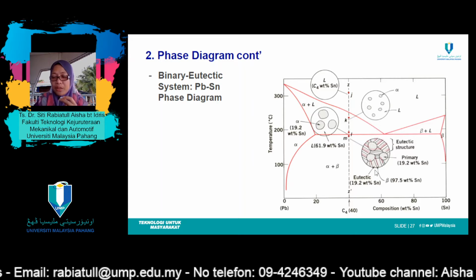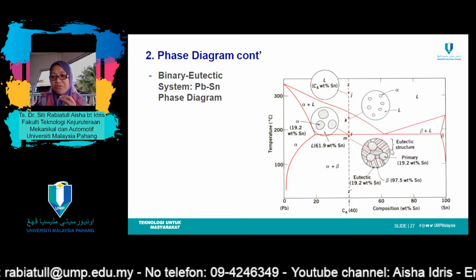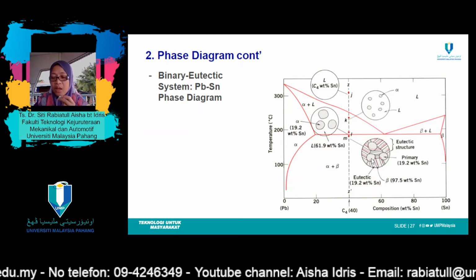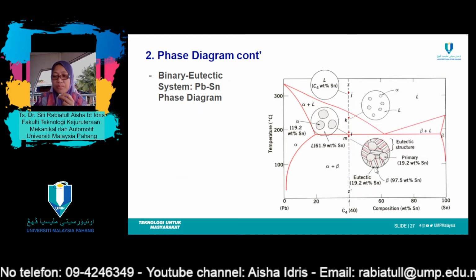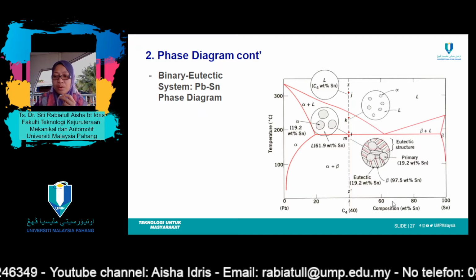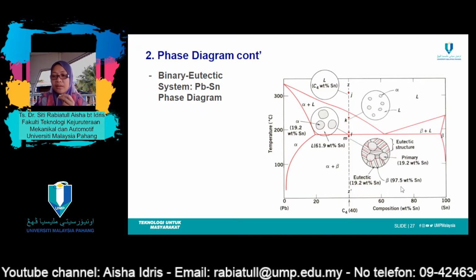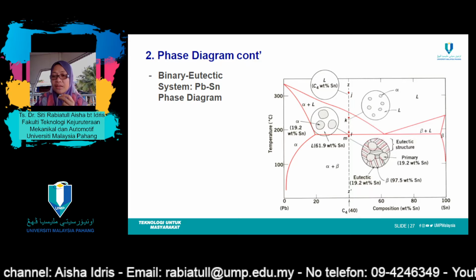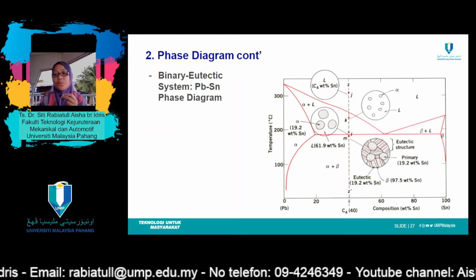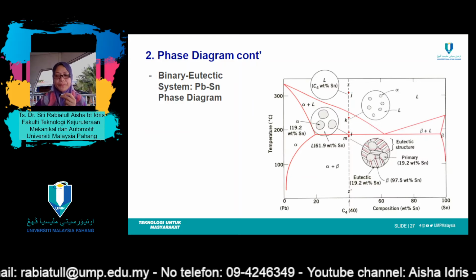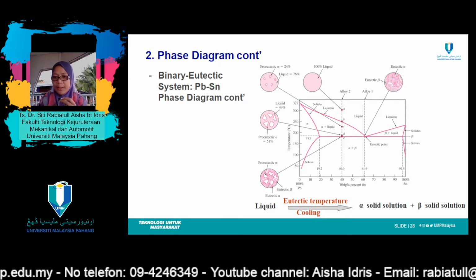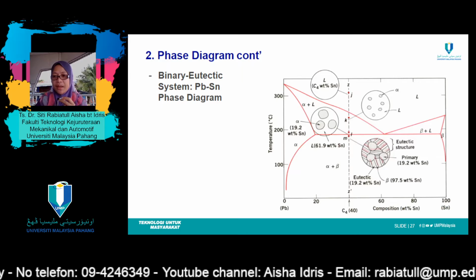However, the structure is slightly different, because you may have a primary alpha there, but at the same time, we may also find a lamellar structure. This is a lamellar structure which consists of beta tin and alpha tin, which is known as the eutectic structure. Okay, this one is the same as this.